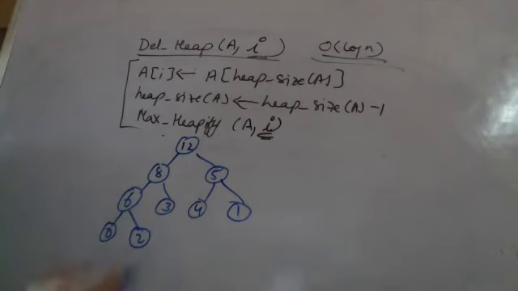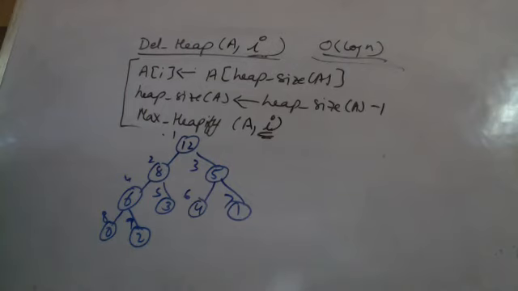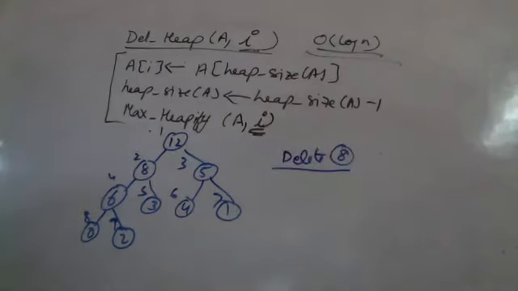Supposedly this is a heap having 1, 2, 3, 4, 5, 6, 7, 8 and 9 elements. Now supposedly I want to delete an 8 from this list.